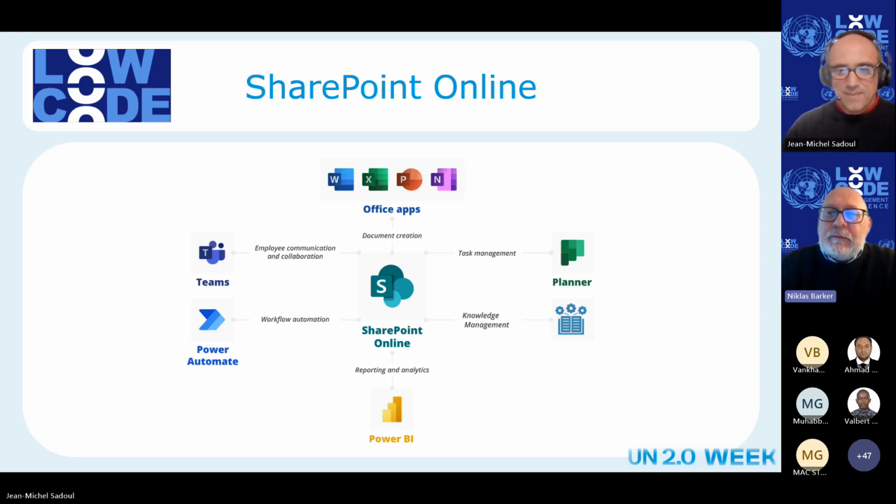So SharePoint has been the first rollout. It came out just before the COVID. I mean, it's always been there. We had SharePoint on premise, but it's really with the Microsoft SharePoint Online that it really took off.